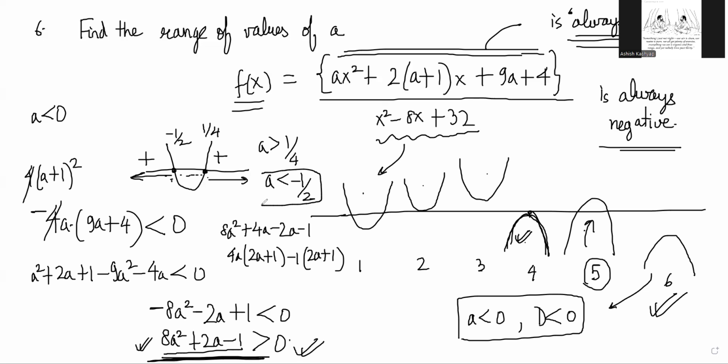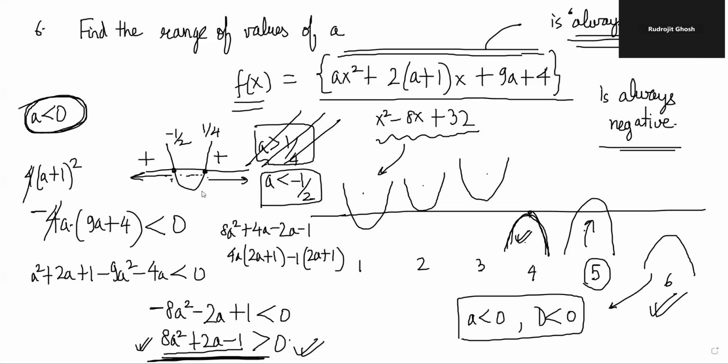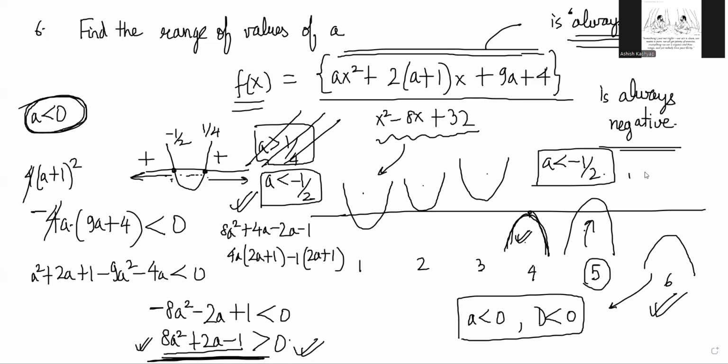These are the two conditions we are getting from the discriminant, right? Yes sir. But we also have a condition here, a should be less than 0. So we are going to reject this answer, right? And our combined answer will be this only, a less than minus half. Because it satisfies both the conditions.